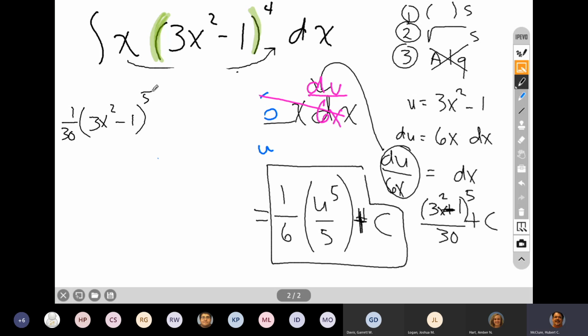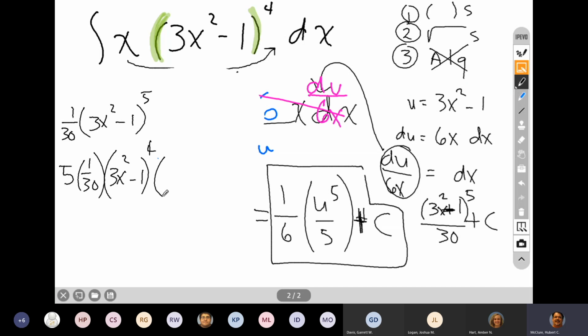Somebody do that. What are you going to do first? You're going to bring the 5 out front, Hubert. That's right. 5 times 1/30 times 3x squared minus 1 to the 4th power.